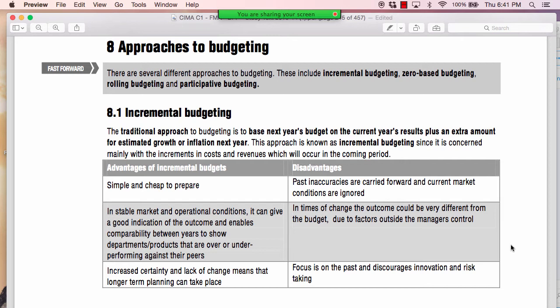Look at the oil prices of last year and this year, there's a big difference. So if you're basing your budgets on last year's actuals, it may not be accurate, correct? Because environmental factors have changed.